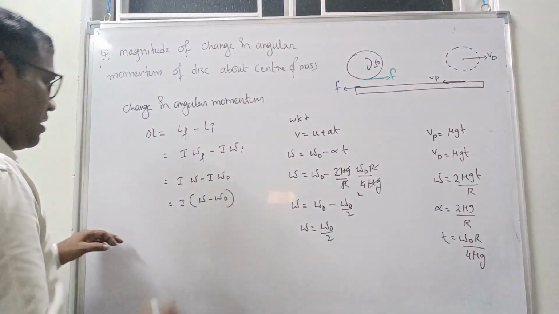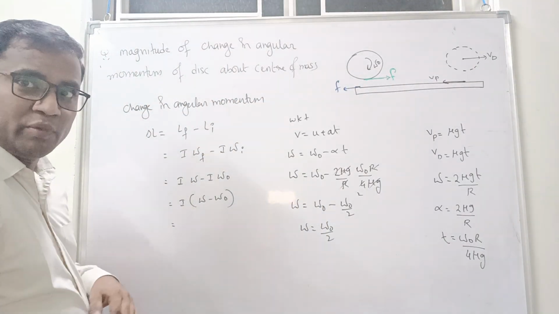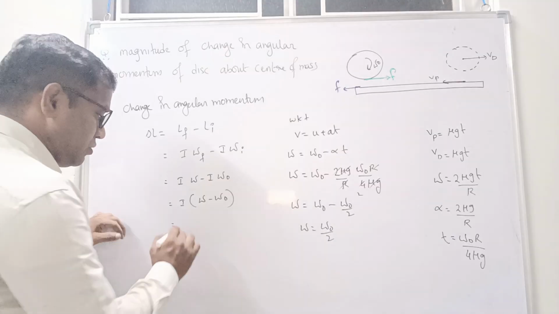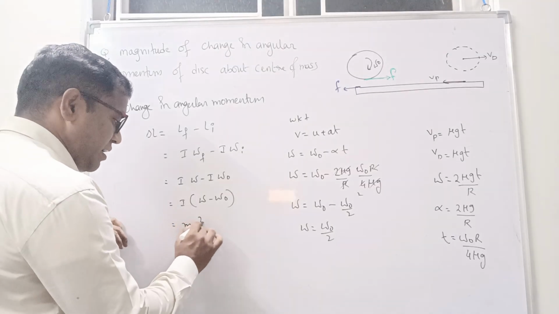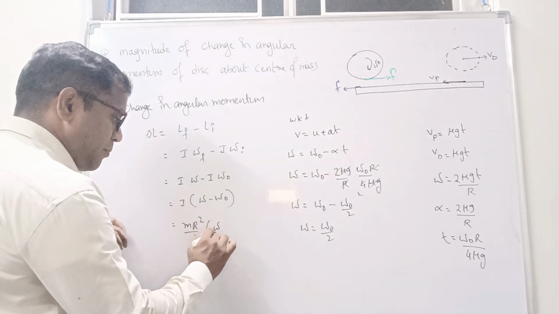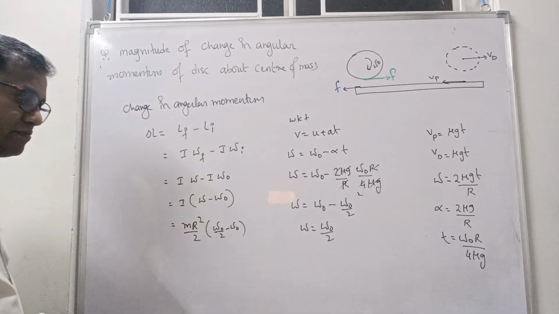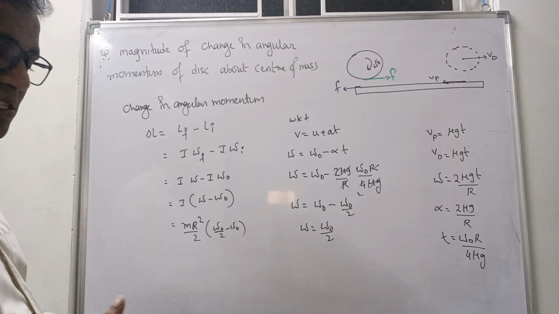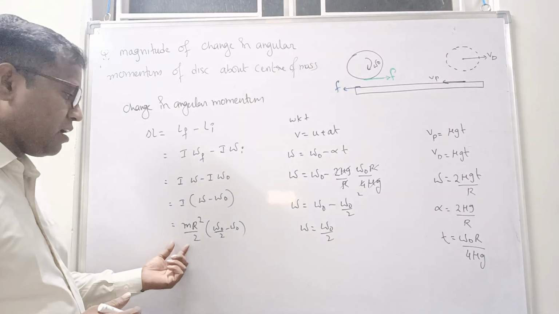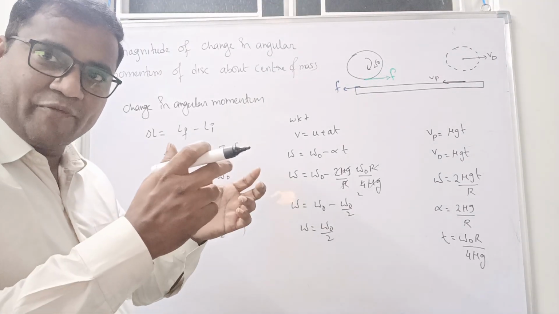So I is nothing but the moment of inertia. The moment of inertia for a disk is m r square by 2. So I will write m r square by 2 into omega naught by 2 minus omega naught. He is asking the change, so here we get a negative value, but I will find the magnitude.